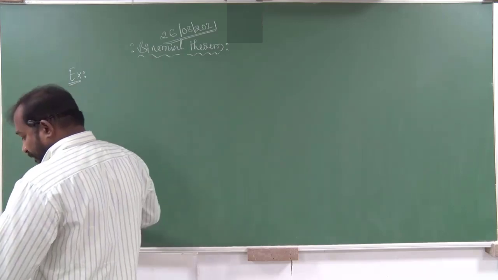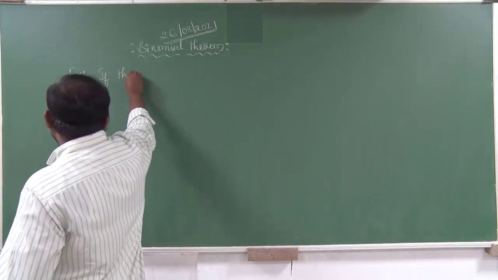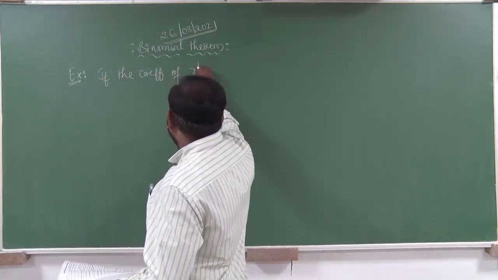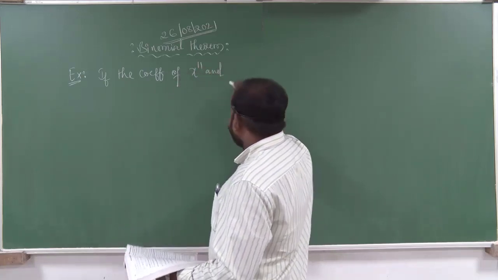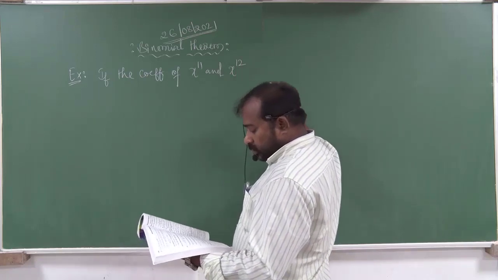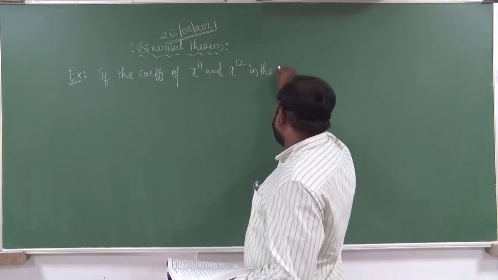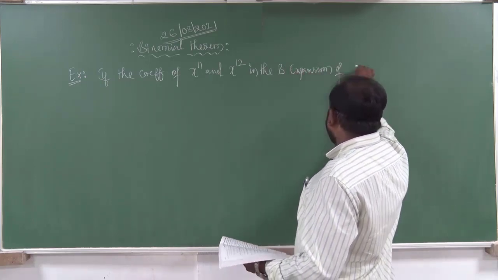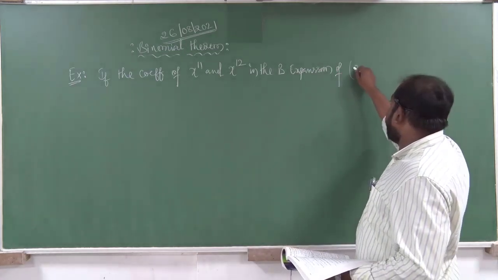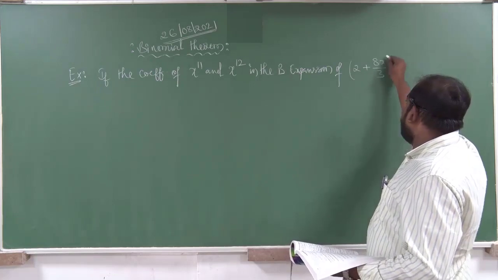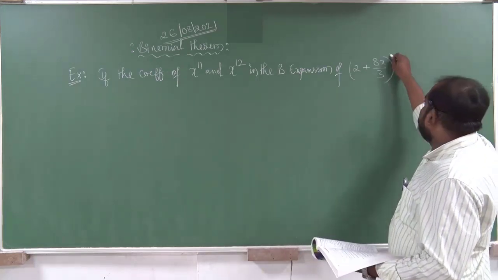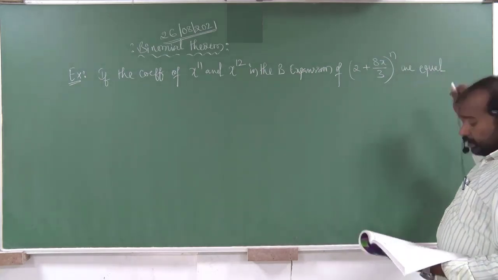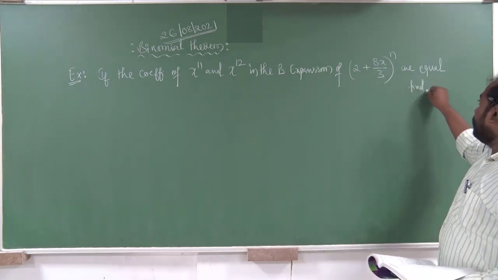Next example: if the coefficients of x power 11 and x power 12 in the binomial expansion of (2 plus 8x by 3) whole power n are equal, then find n.